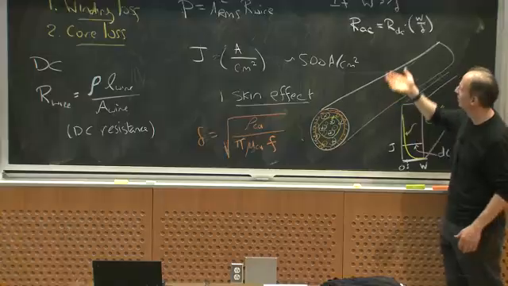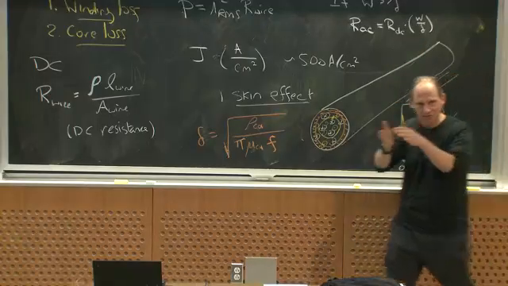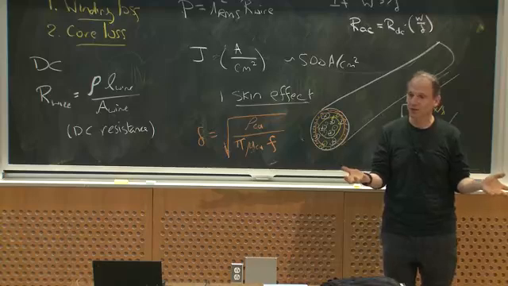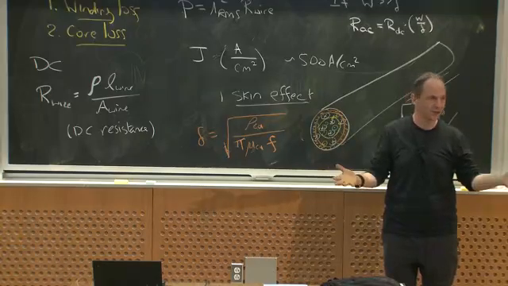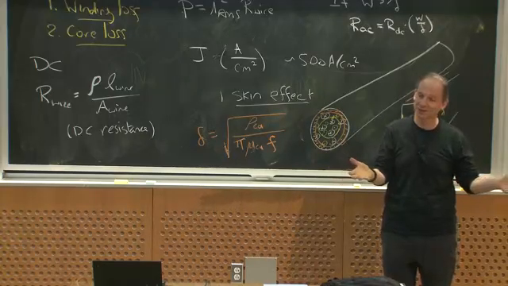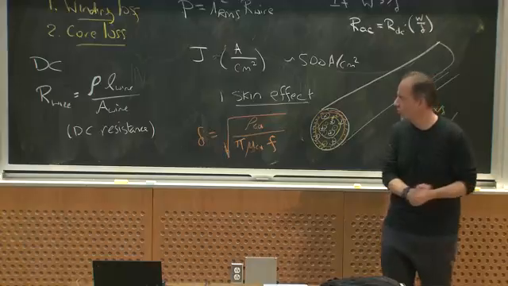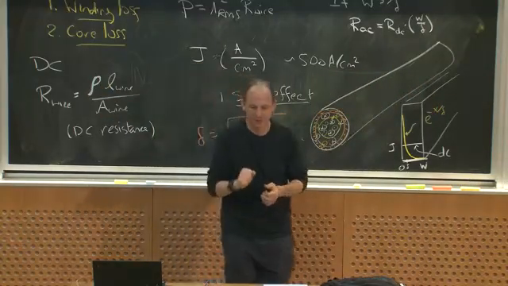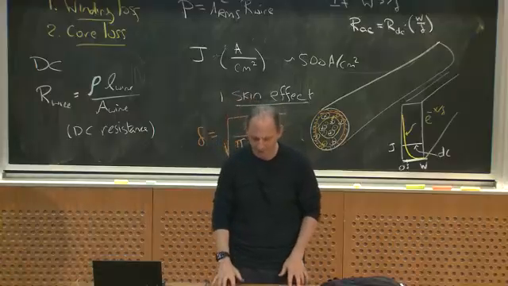So it's not like there's a frequency-dependent AC resistance. But it's important because sometimes you're trying to carry large currents at high frequencies, and you find out that your AC resistance is significantly bigger than you would have gotten if you just calculated this value. Okay. Any questions about that?